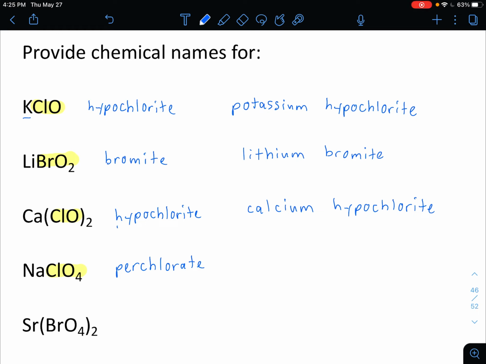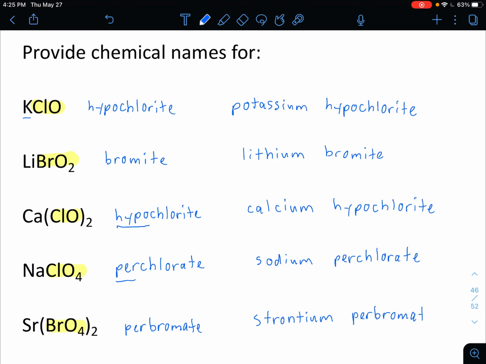The hypo is smaller than, like hypodermic needle, and the per is like hyper for more than, so that's how those prefixes work. So now we're at sodium perchlorate. Last one here, that's BrO4, so not perchlorate, but it's going to be perbromate. And Sr is an alkaline earth metal called strontium. So this is strontium perbromate.